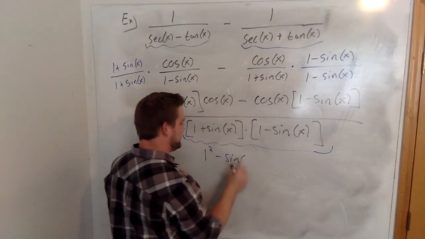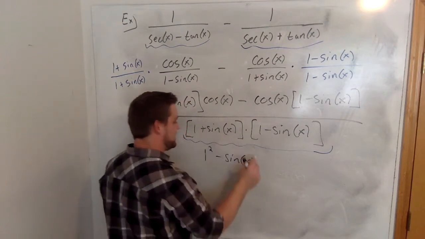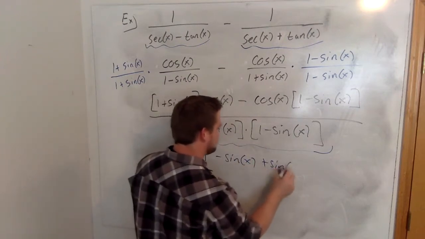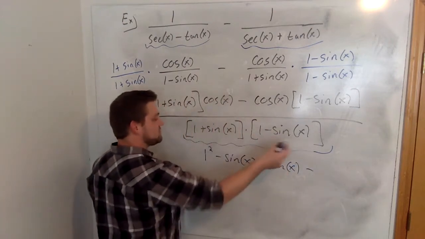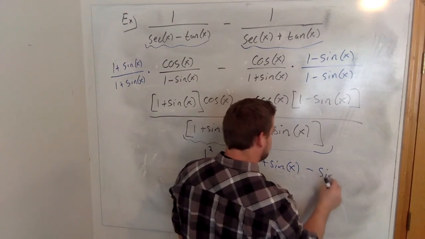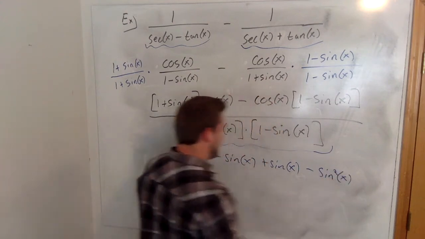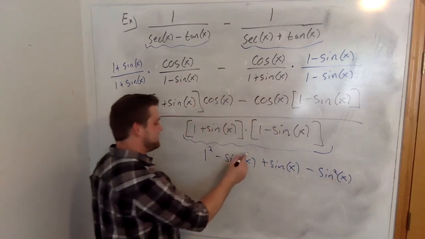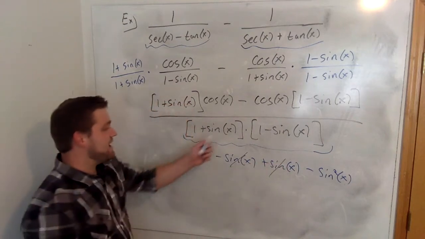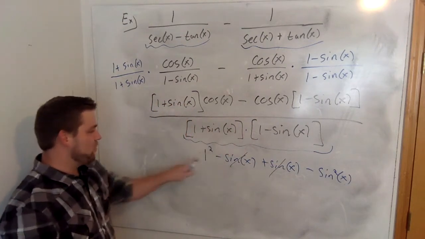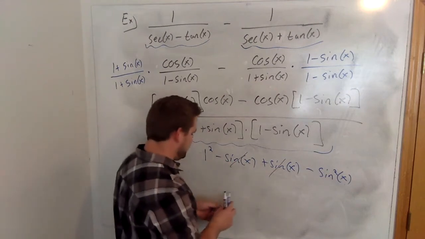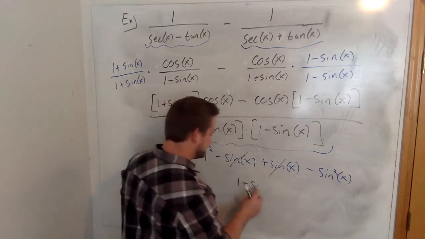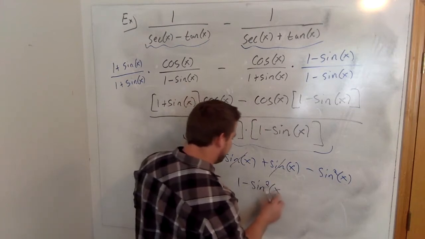We'll get a minus sine of x, but then we're going to get a plus a sine of x, and then a minus a sine times a sine, which we call sine squared of x. So these cancel, and really what we have in the denominator is 1 minus sine squared of x.